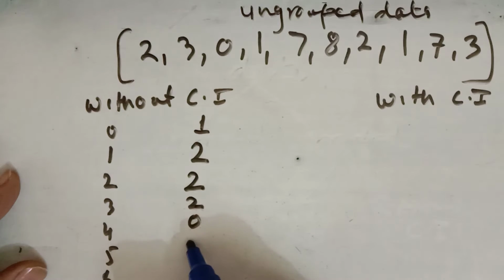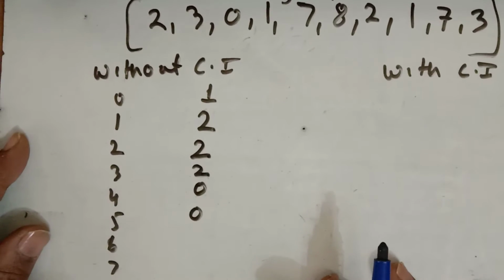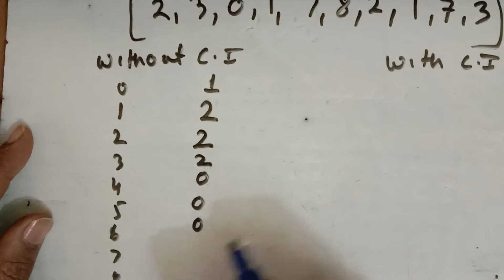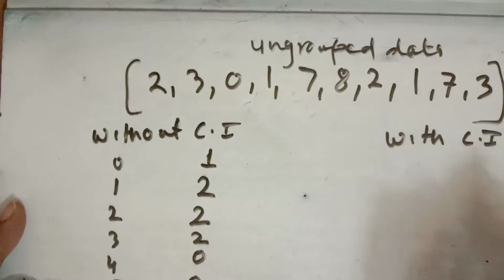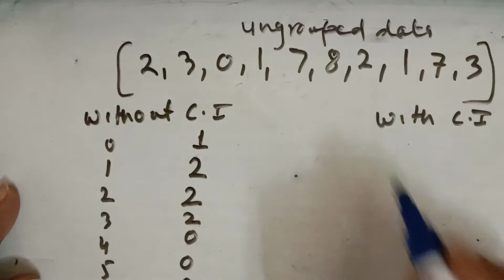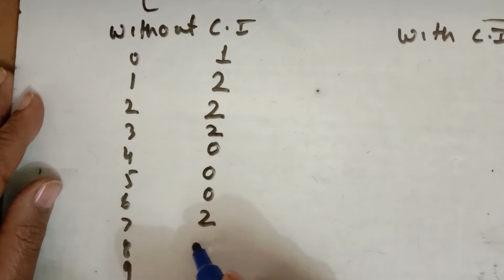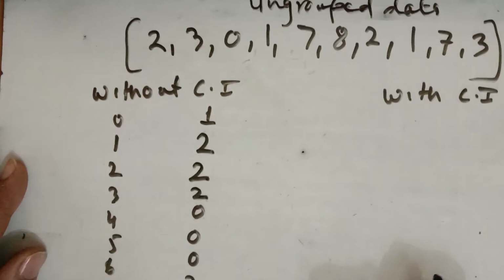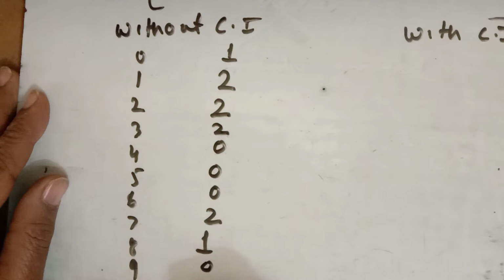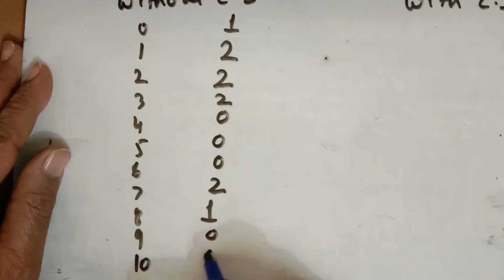The number of students getting 5 marks is also 0. The number getting 6 marks is also 0. The number of students getting 7 marks is how many? 2. The number getting 8 marks is only 1. The number getting 9 marks is none, that is 0, and similarly the number getting 10 marks is 0.